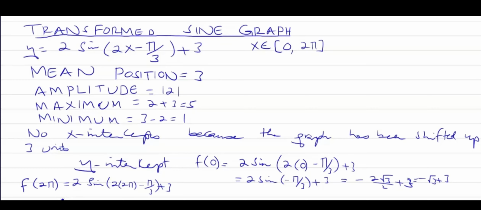Again, that's 4 pi, so that's sort of going through the unit circle twice, and minus pi over 3. That still gives us the same answer, which is that. So those are my endpoints.